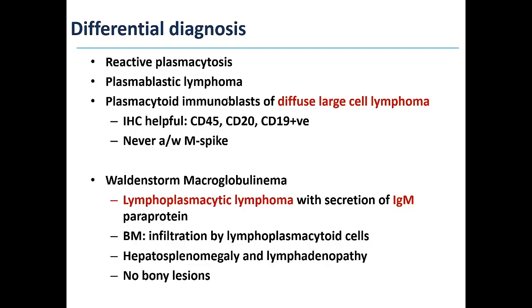So they have to be differentiated from reactive plasmacytosis, from plasmablastic lymphoma, from plasmacytoid immunoblasts of large DLBCL type, and then also from Waldenstrom Macroglobulinemia or a lymphoplasmacytic lymphoma in which there is secretion of IgM. Now in this case, there is hepatosplenomegaly as well as lymphadenopathy. Bony lesions, that is lytic lesions, may not be seen, but diffuse osteoporosis is seen in these cases.